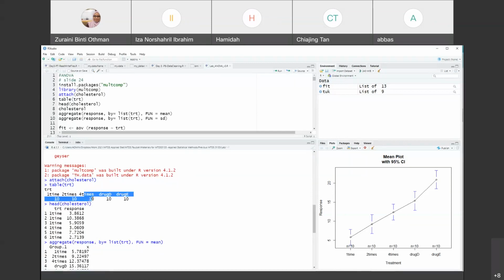Then this group of people only take about 5 milligram for 4 times. This is for the group. And 10 people will receive drug D and 10 people will receive drug E.